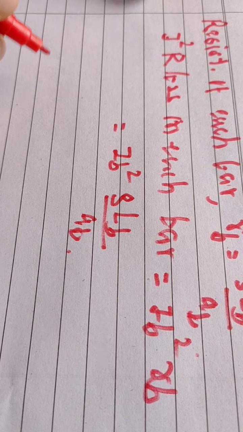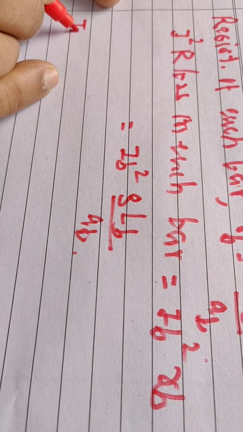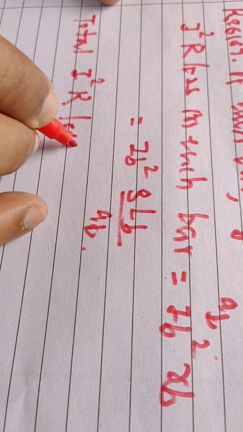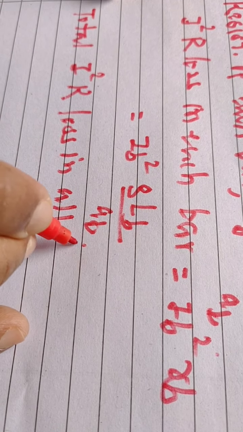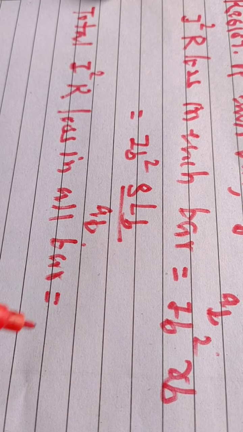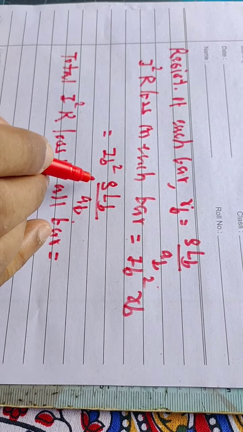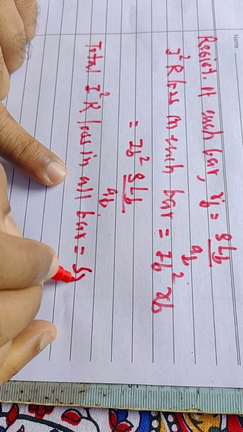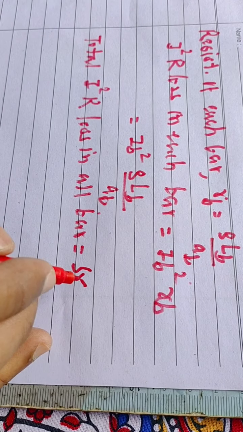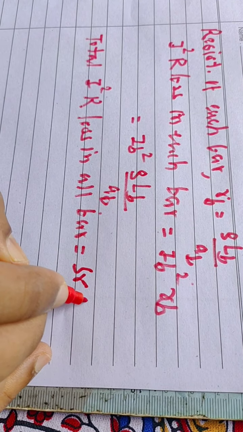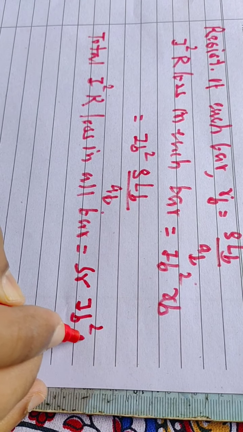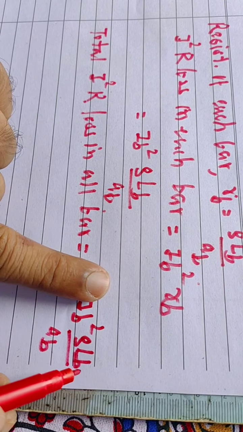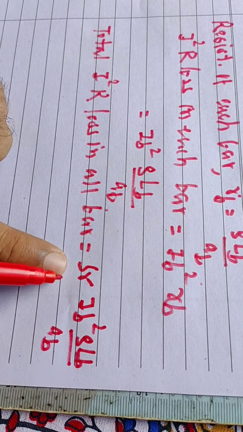Then total copper loss in all the bars is multiplied by the number of bars, which is nothing but the number of rotor slots, SR. So this is IB square SR rho LB upon AB, the copper loss in one bar multiplied by the number of bars.